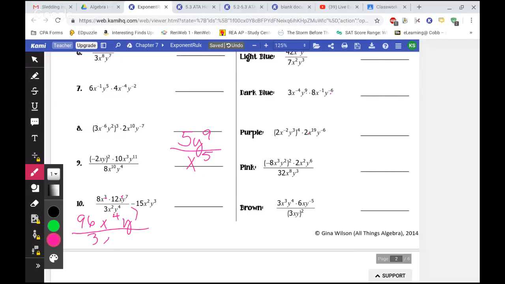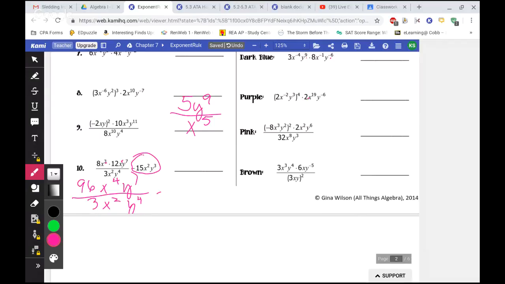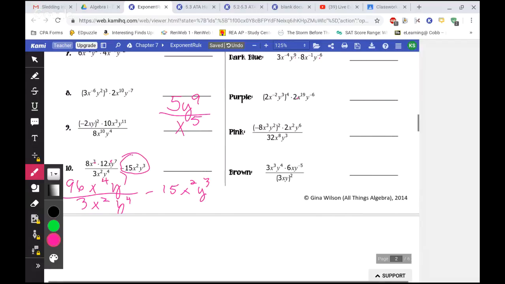And all of that is over 3x squared y to the 4th. And then we're going to deal with this at the very end because that's a minus 15x squared y cubed. So we're just going to go ahead and carry it down because it's being subtracted, not multiplied or divided. So it gets handled a completely different way. Okay, so now I have 96 divided by 3. 3 goes into 96 32 times.